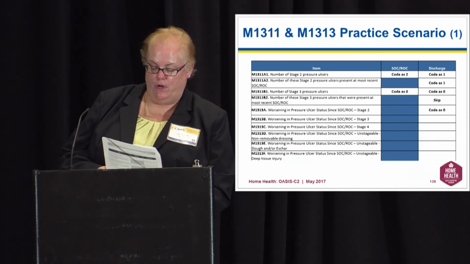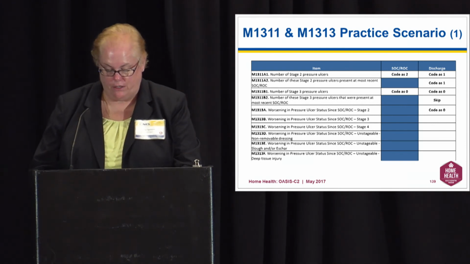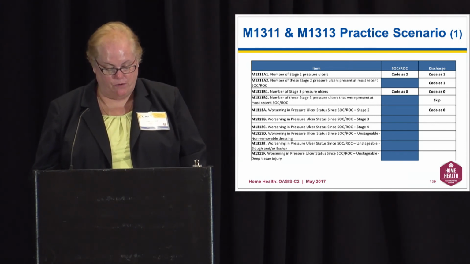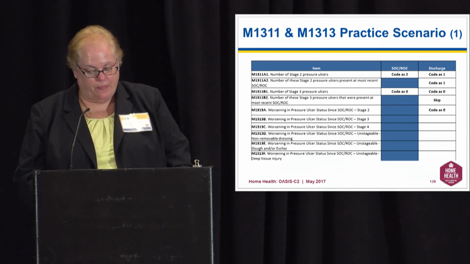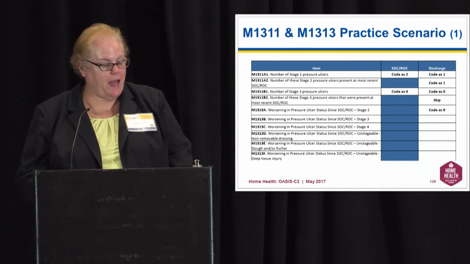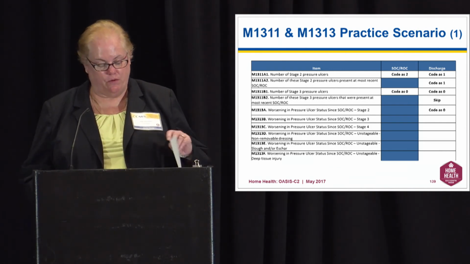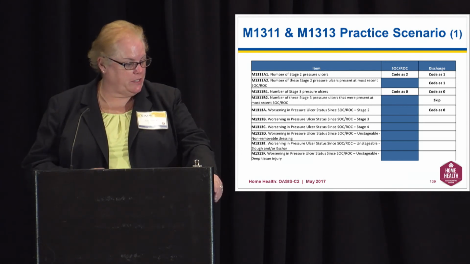And then the other one ended up evolving into one having eschar. Okay, we're going to go through. So what ends up happening here is one of these wounds, the stage 2, went to unstageable. So we don't know what stage this ends up.